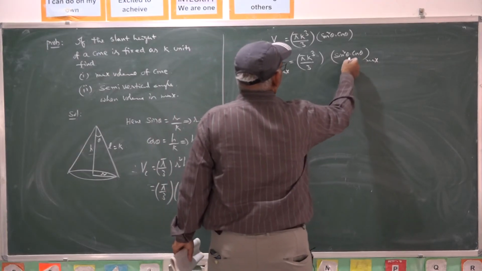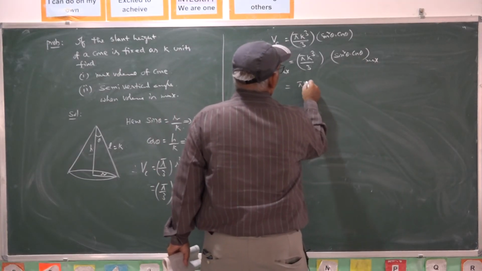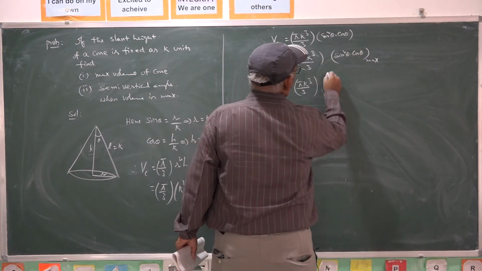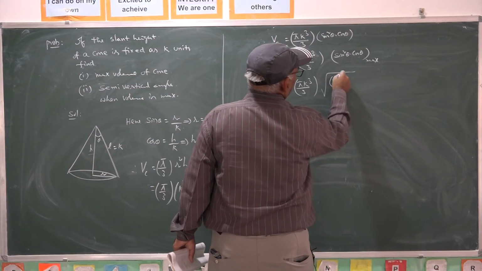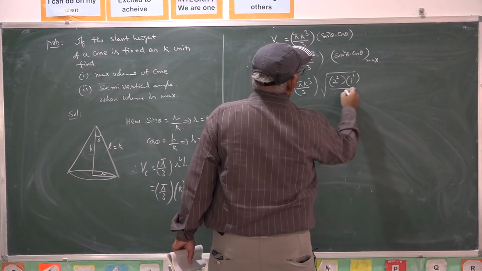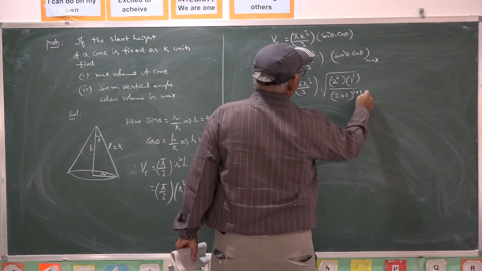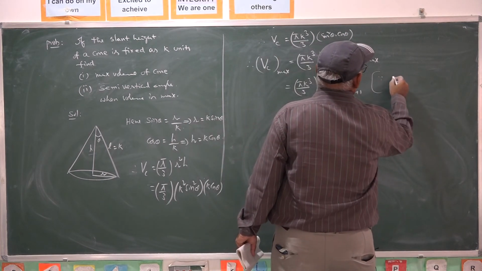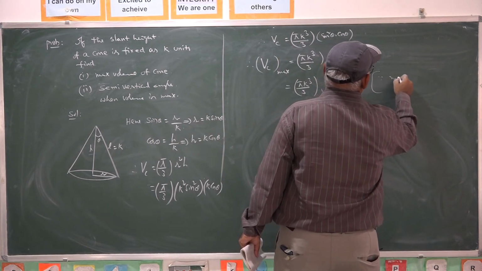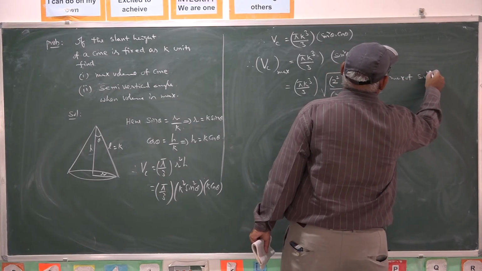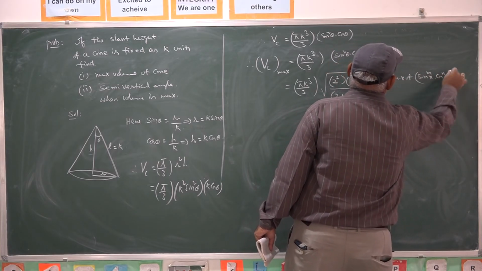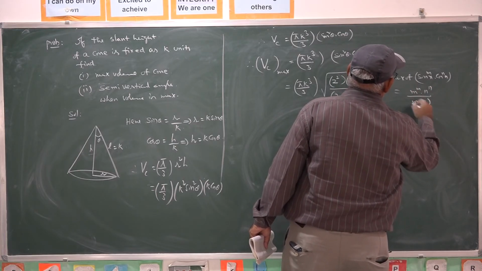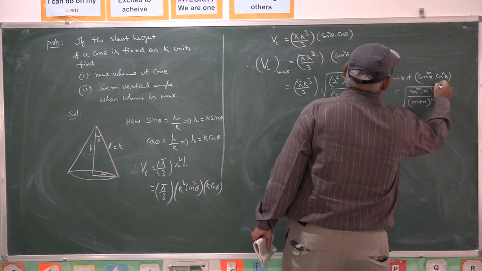The maximum value of this one, by the previous formula, has m equal to 2, n equal to 1. So, the square root of m^m n^n by (m plus n) whole power (m plus n), that is 2 square into 1^1 by (2 plus 1)^(2 plus 1) under root.